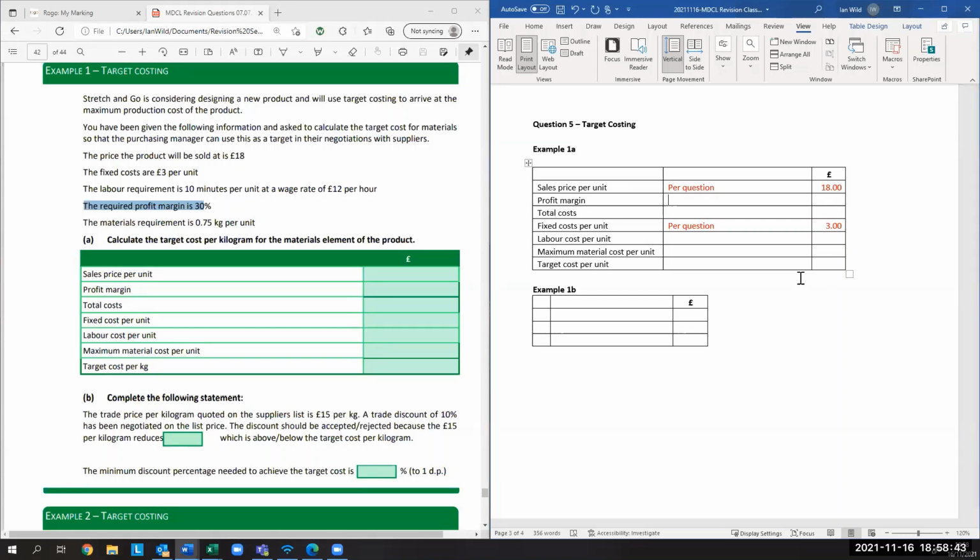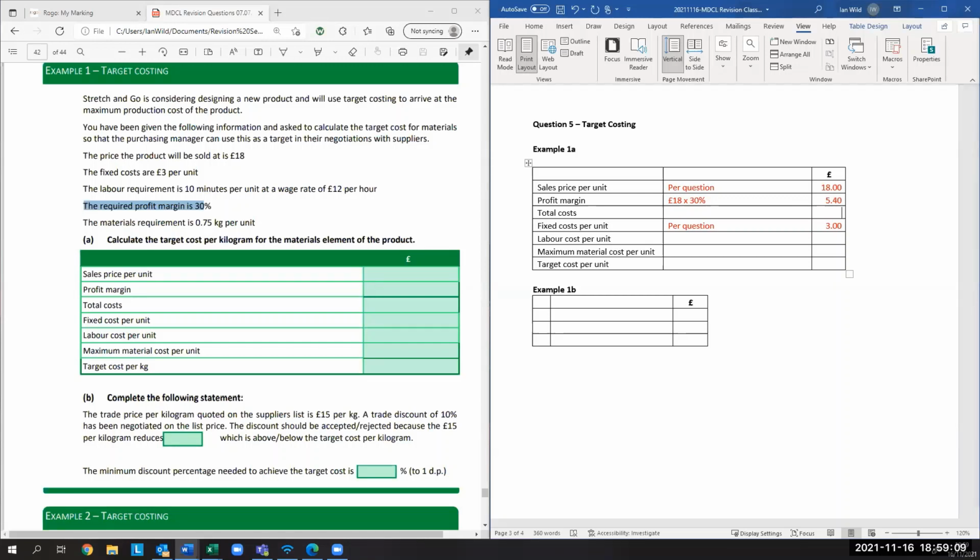Brilliant. So we know the profit margin is included in the sales price. So we'll say £18 times 30% is our profit margin, and everybody's been coming in with those figures. That means our profit margin is £5.40, as Sarah's just popped in there.